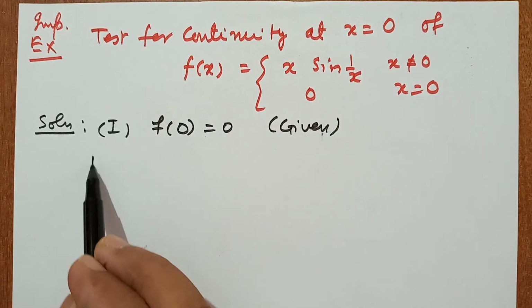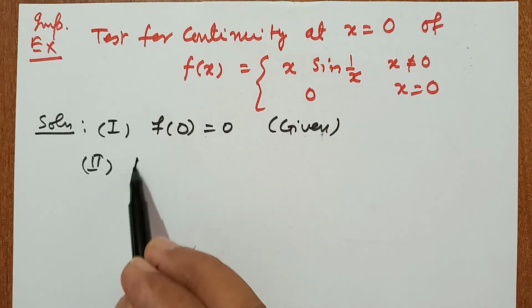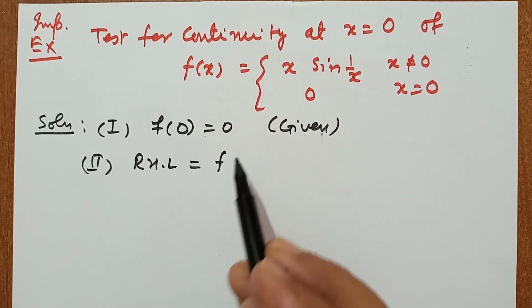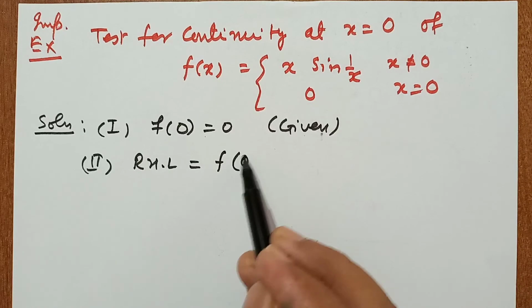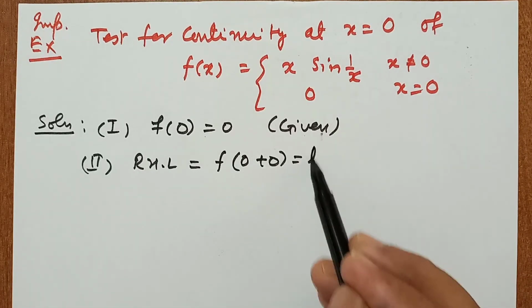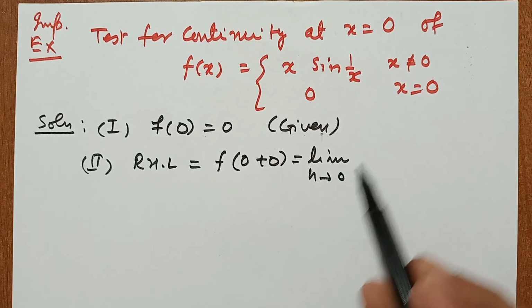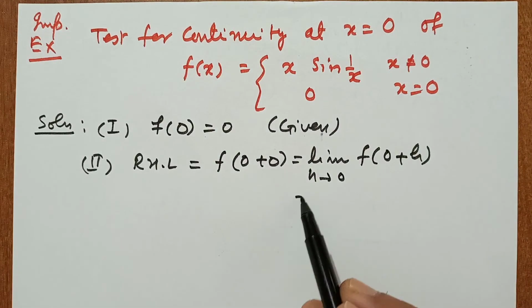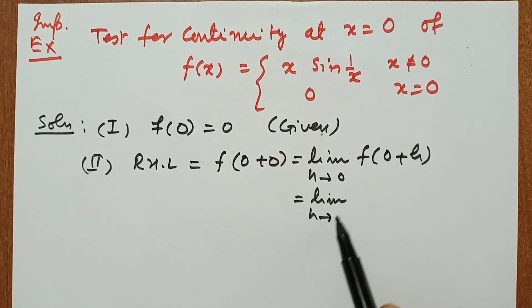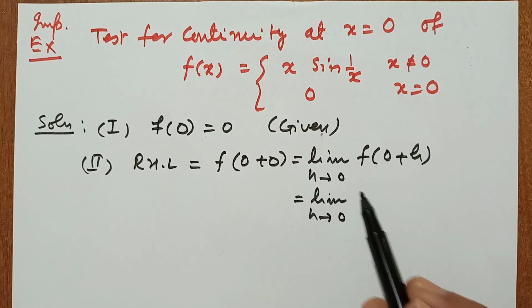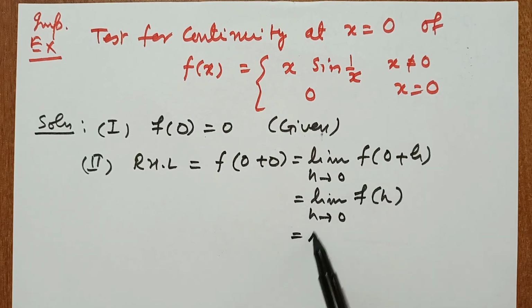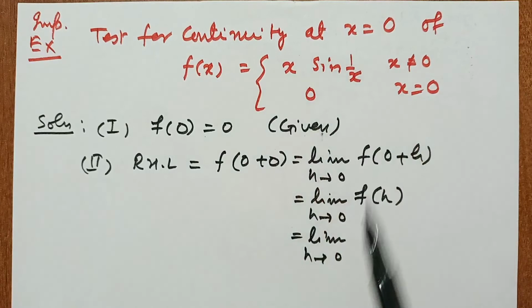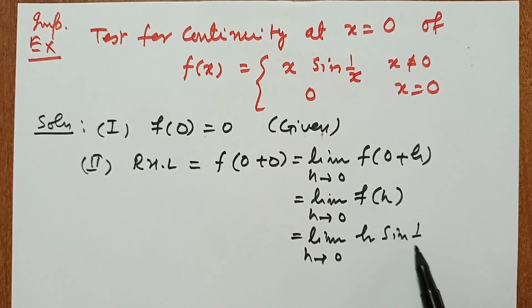Okay, now the second thing is, you calculate either the right hand limit or the left hand limit. So the right hand limit is f(a plus 0), where a is nothing but 0, so f(0 plus 0). By definition, limit h tends to 0 f(a plus h), here a equal to 0, so this equals limit h tends to 0 f(0 plus h), which is f(h). Okay, so this equals limit h tends to 0, and here f(x) is equal to this thing, so this is h sine 1 upon h.